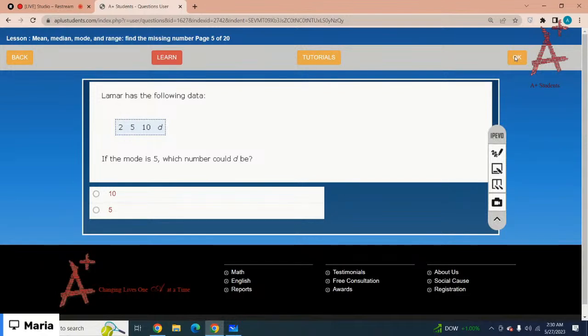Okay, the next one is Lemmer has the following data. If the mode is 5, which number could D be? So D is which number?